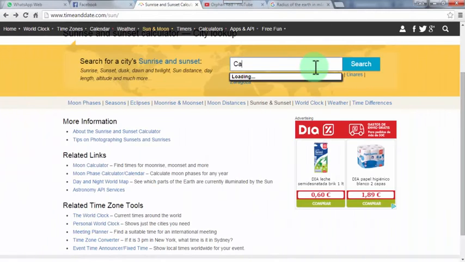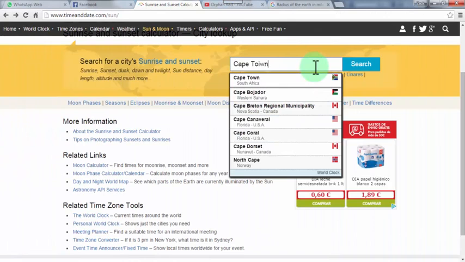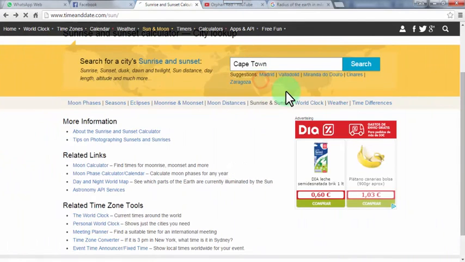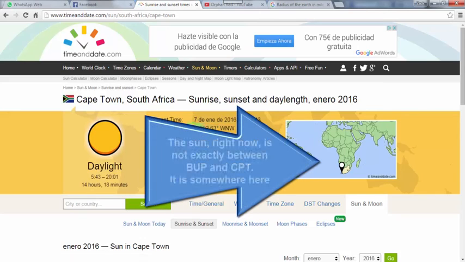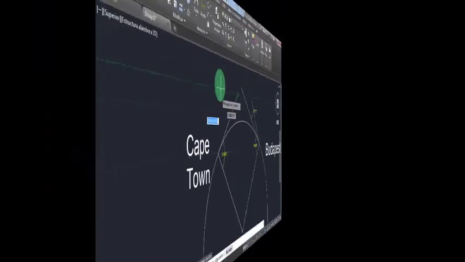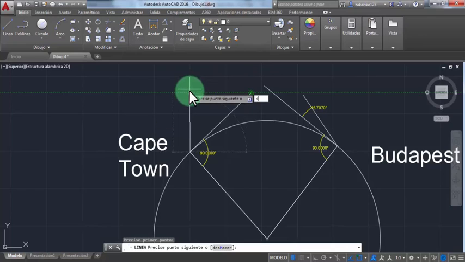Now let's see Cape Town. 66 degrees. Please bear in mind that Budapest is 1 hour behind Cape Town and that the sun right now is not between them. It's somewhere above the ocean. But that's not going to make a big difference.